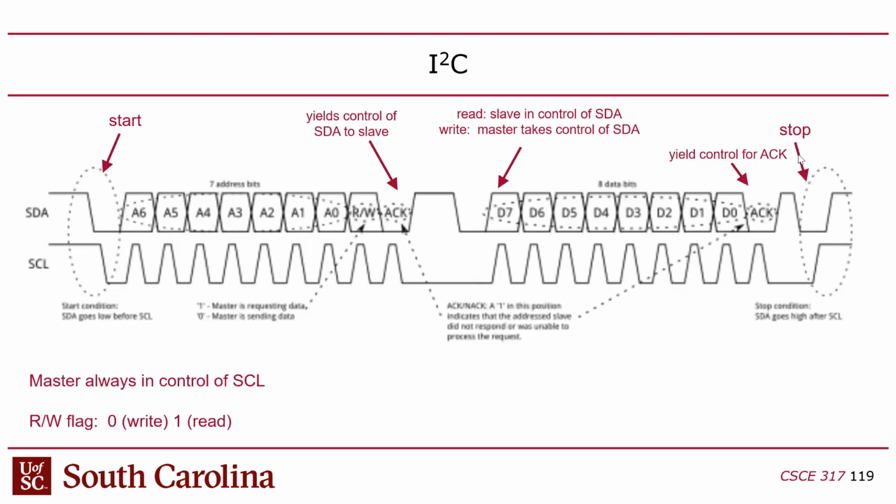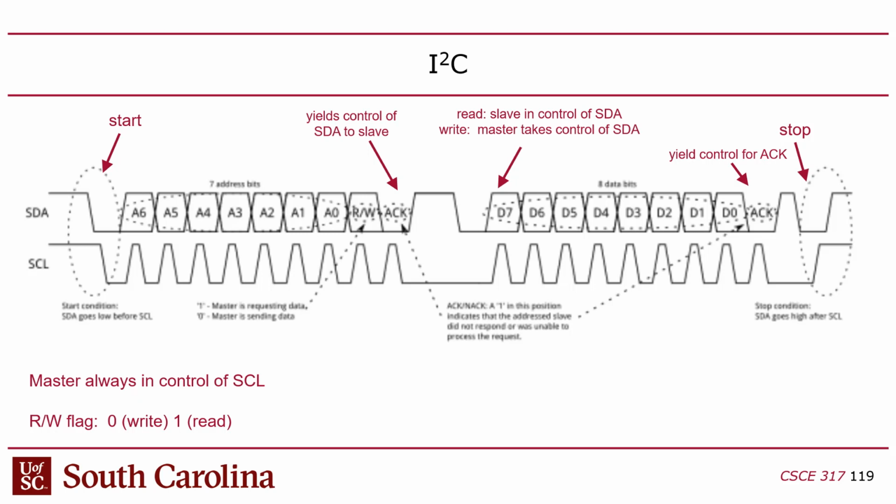The start bit is sent by the master whenever the clock is high and the data has a falling edge. The data's idle state is high, as it is with the clock, because this is an open drain, and as I mentioned, you have that pull-up resistor. So the idle state of both wires is high. Normally, whenever sending data, you don't change the data when the clock is high, except for the start.